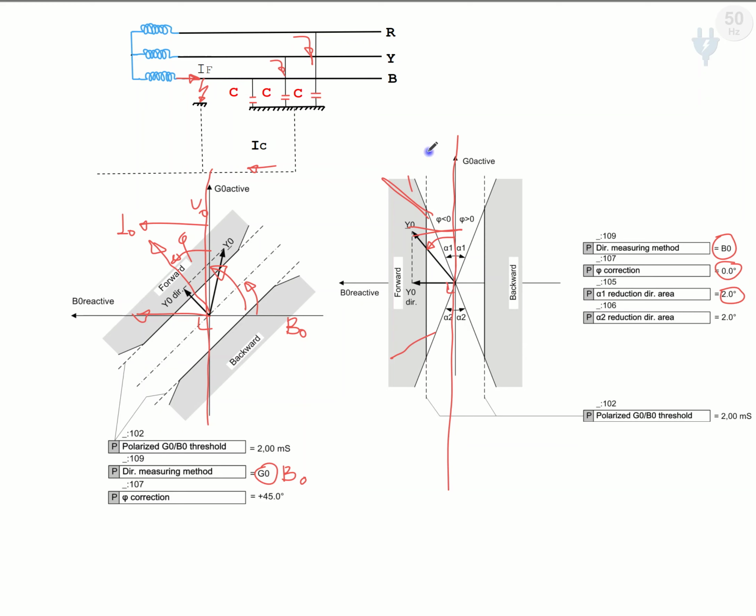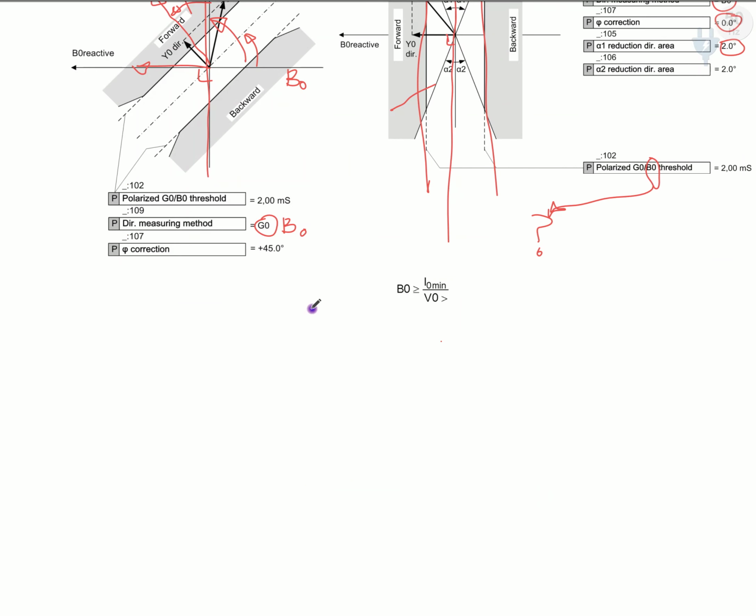Now the point is, beyond which values of B0 should our system pick up? What is the amount of this threshold value for B0? The B0 value in the isolated system should be greater than or equal to I0 minimum divided by V0 threshold.